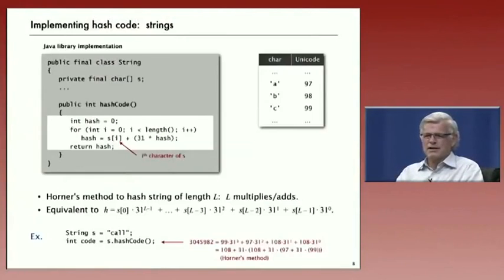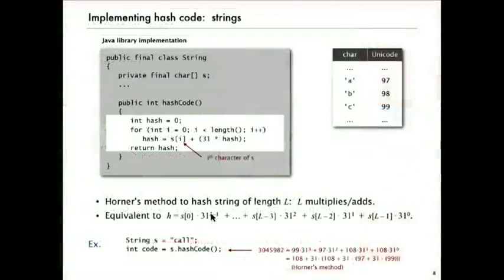And for strings, it treats the string as a huge number, and then really computes the value of that number mod the table size. It uses an arithmetic way of evaluating a polynomial or a number, so-called Horner's method, where for each digit you just multiply.